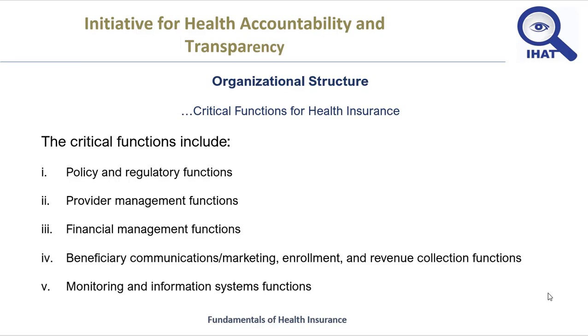Who carries out this function? They include the National Health Insurance Scheme, the State Social Health Insurance Scheme, the third-party administrator, including the HMOs, non-governmental organizations, the community, or the civil society organizations.